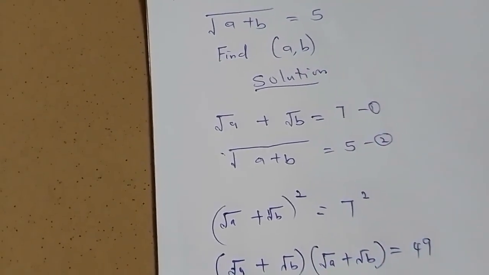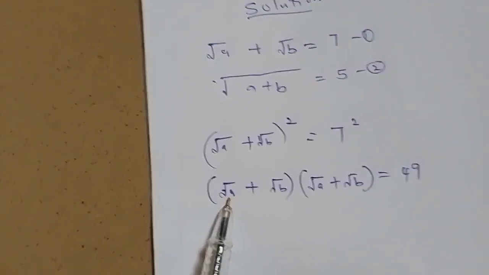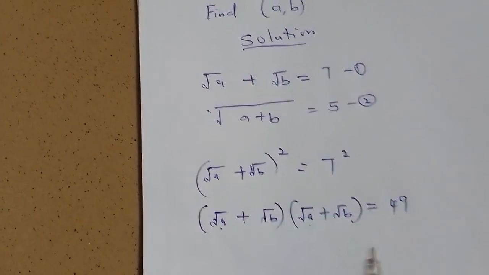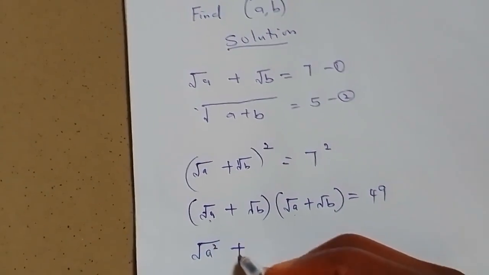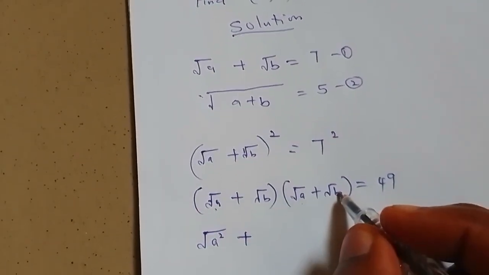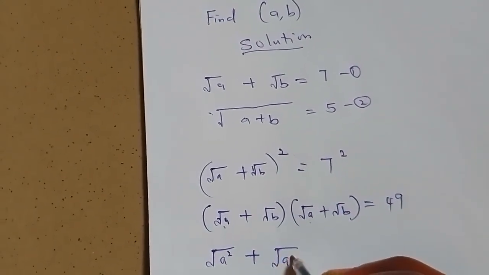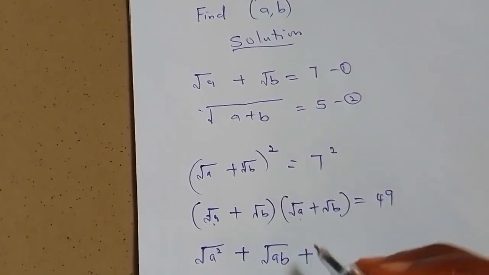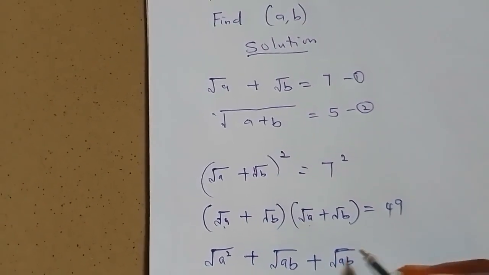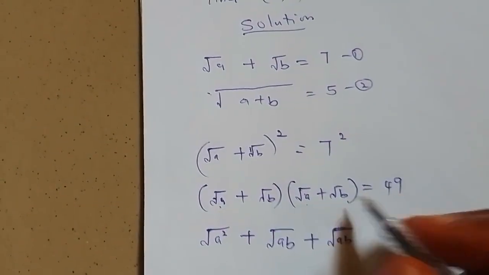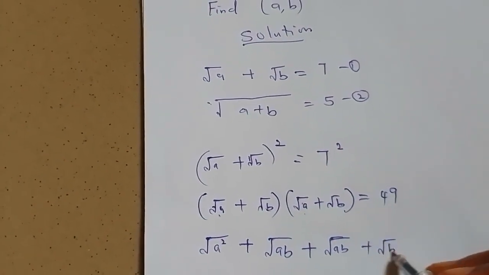Now let's open this bracket. The square root of a multiplied by the square root of a will give us the square root of a squared, plus the square root of a multiplied by the square root of b will give us root ab, plus the square root of b multiplied by the square root of a will also give us root ab, and then the square root of b multiplied by the square root of b will give us the square root of b squared.